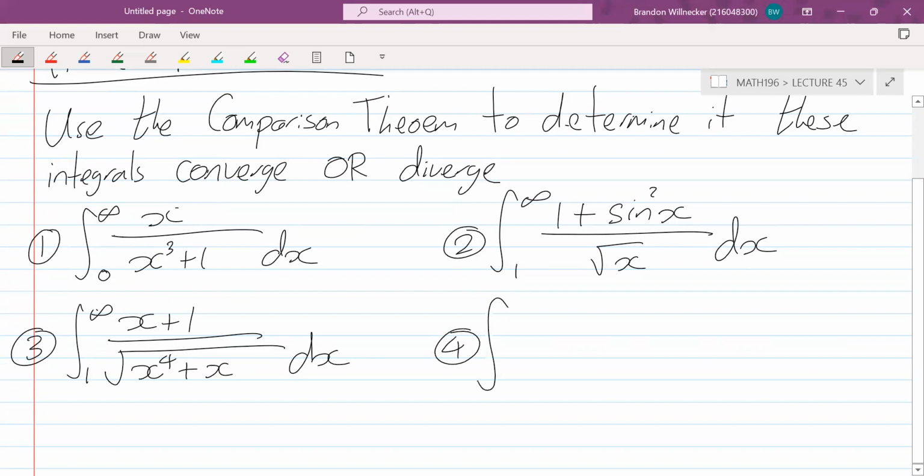Number 4, we have the integral from 0 to infinity of arctan of x over 2 plus e to the x dx.